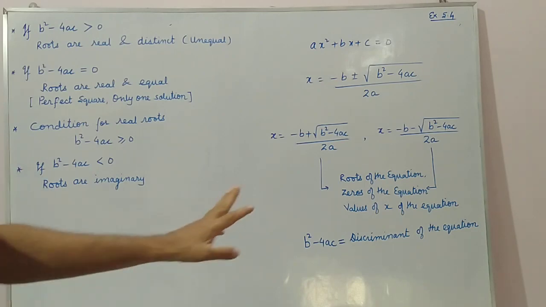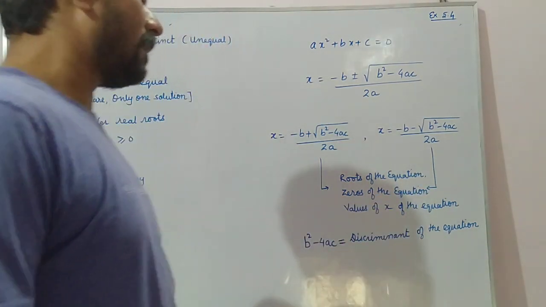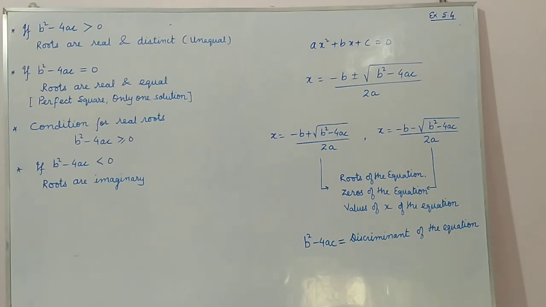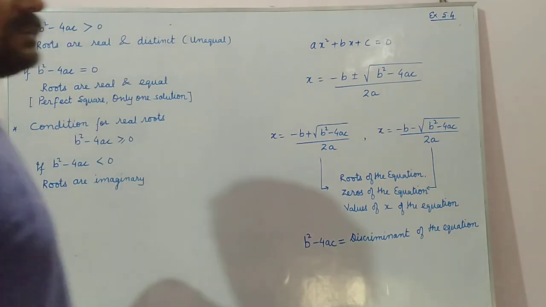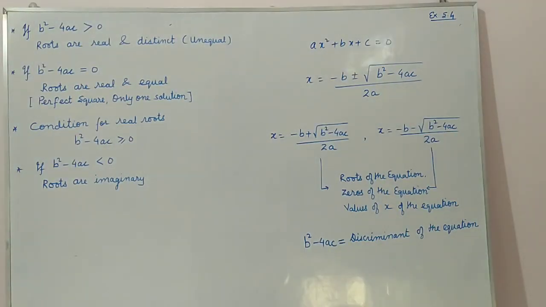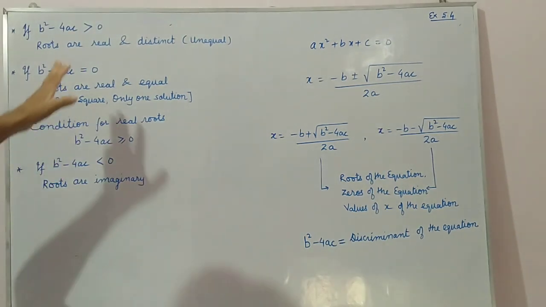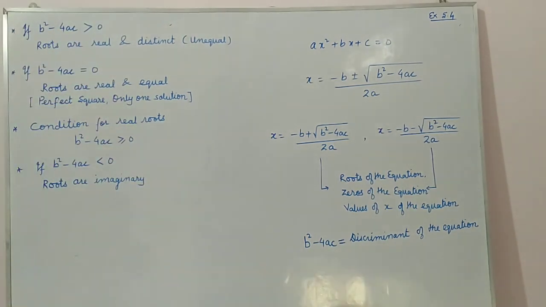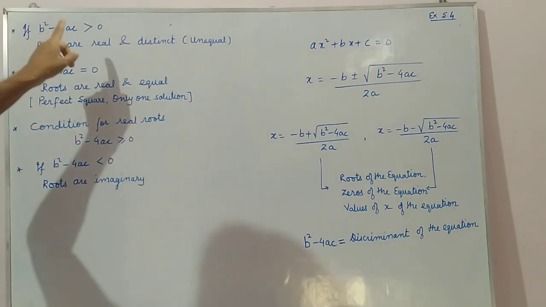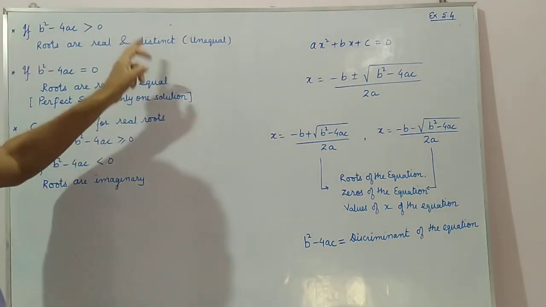Followed. So b square minus 4ac is termed as discriminant of the equation. It distinguishes among the various types of roots. If b square minus 4ac, that is discriminant of the equation, is greater than 0, in that case the roots are real and distinct.